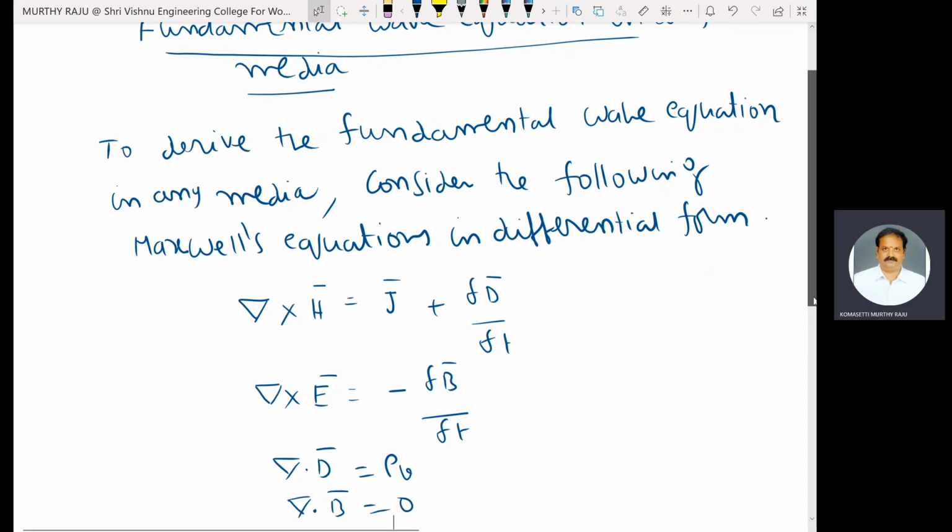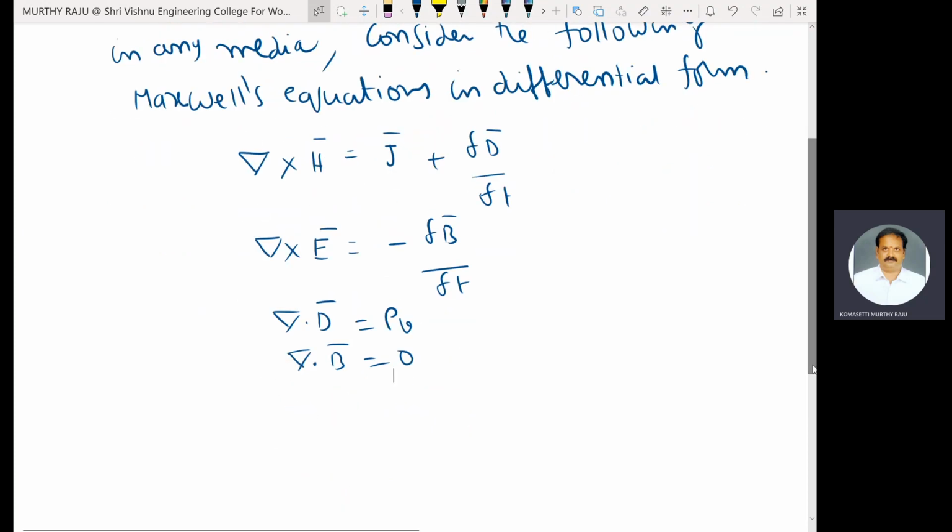These Maxwell's equations are considered for deriving the fundamental wave equation in any media.